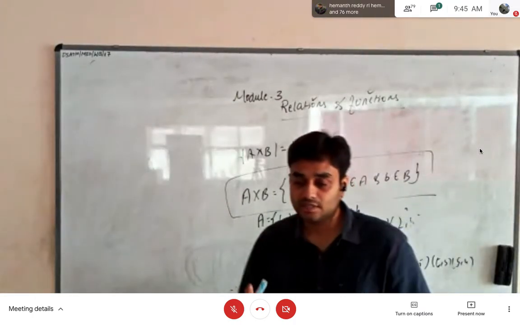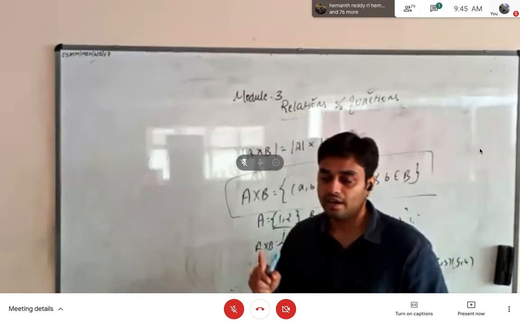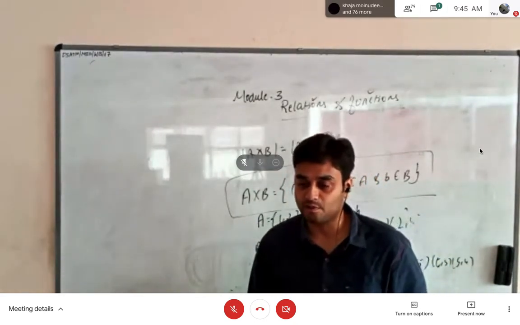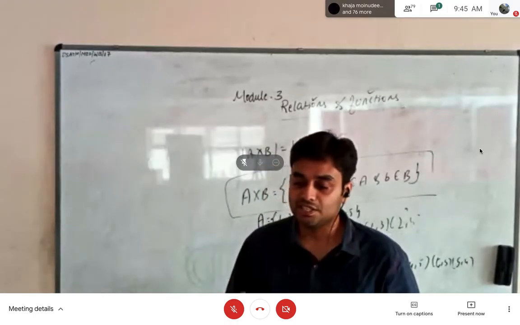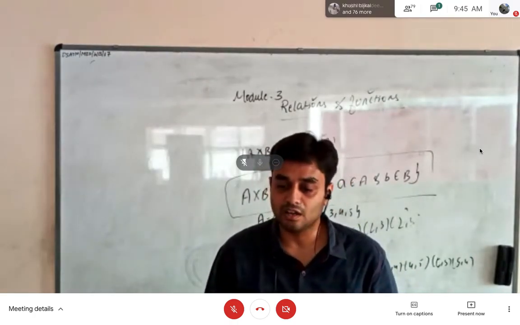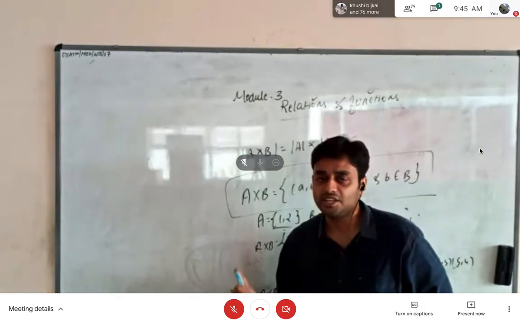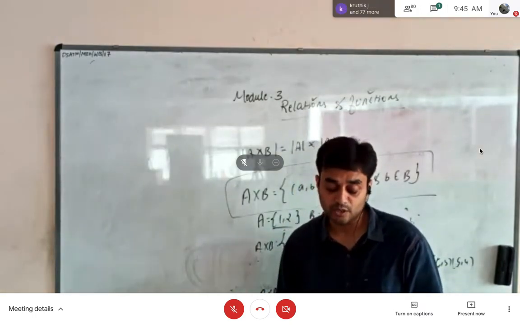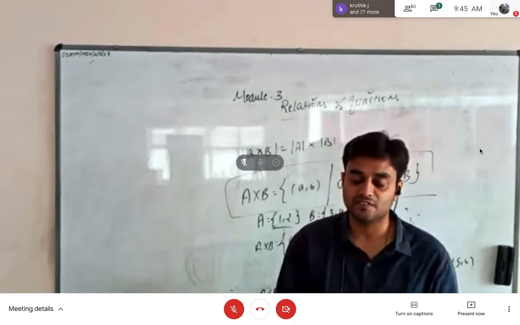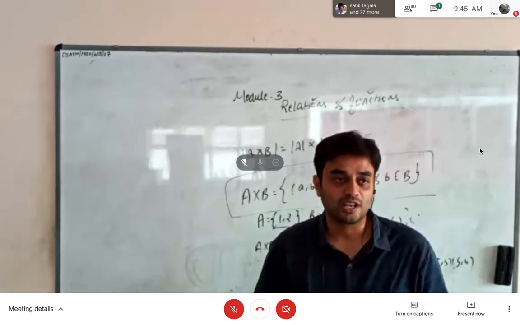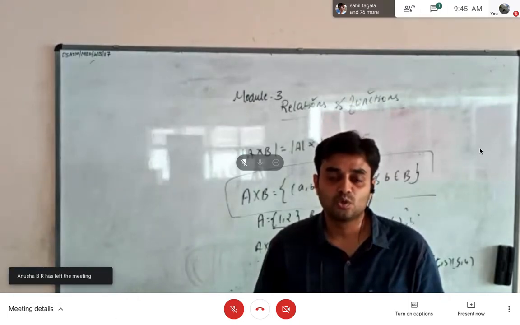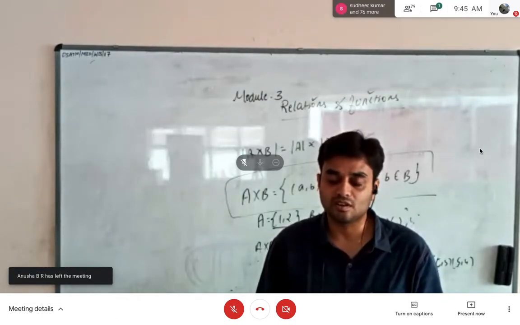So now you know the definition of the Cartesian product. In the exam, when they ask you the definition of the Cartesian product, just like I have told you before, if you only write the definition, you won't get any marks. Along with that, you have to give one example. And when I tell you to write the definition, just like in module 1, you cannot write it in the form of a sentence, like what is a tautology? A compound proposition whose truth values are always true; this is called a tautology.